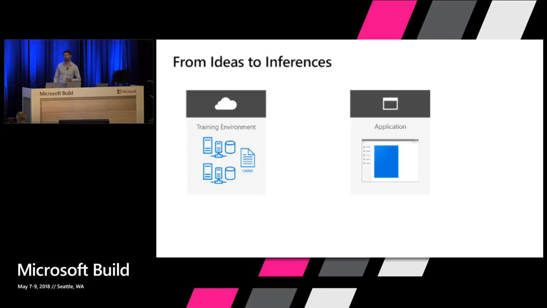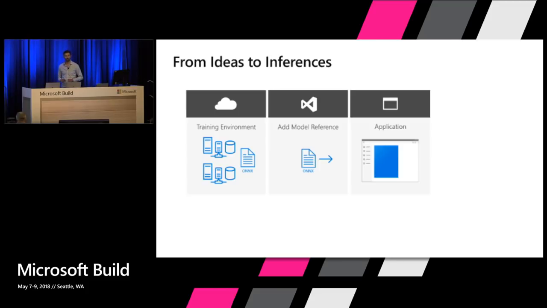So for instance, we could use Azure Machine Learning Services. We can use Custom Vision. And the output of that training is something called a model. In this case, you see that the model has the word ONNX underneath it. I'll tell you more about ONNX later. For now, all you need to understand is that it's an industry standard model interchange format.